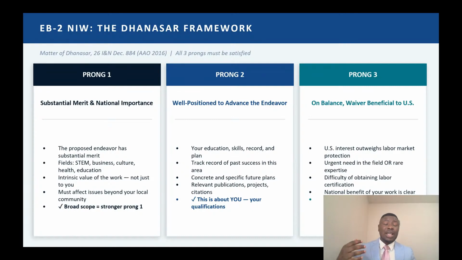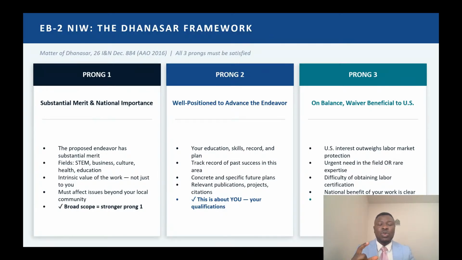Or, if you would like to go the exceptional ability route, there are 6 requirements that USCIS has laid down, and if you meet 3 out of those 6, then you will be eligible to file for EB2.